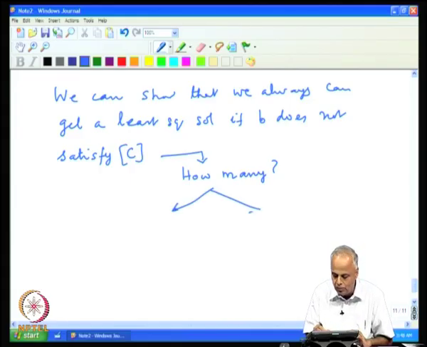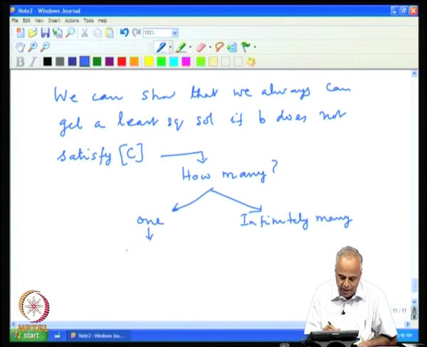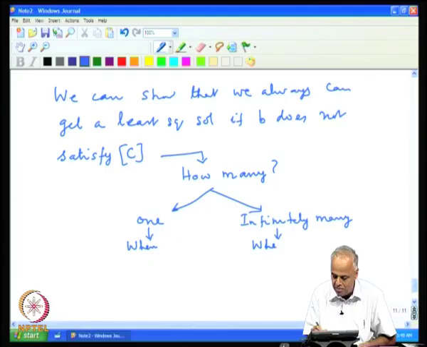In this case also, we get either one least square solution or infinitely many least square solutions. Now, the question is again, when does this happen and when does this happen? Having answered that, the question that we would like to answer is finally find the least square solution.